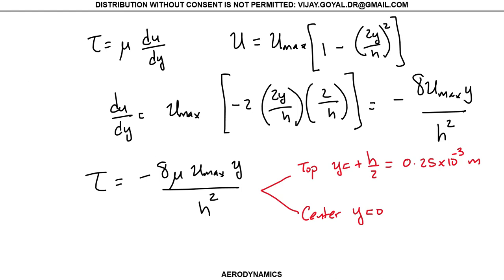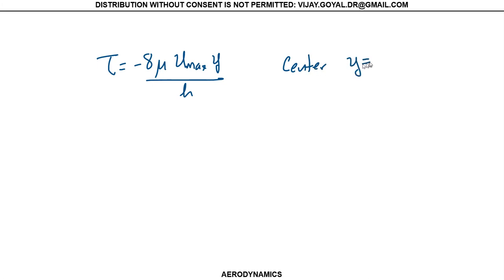Immediately you can see from the equation, tau is equal to minus 8 mu u max y over h squared. If I take the center, y is equal to 0, so tau is going to equal 0.